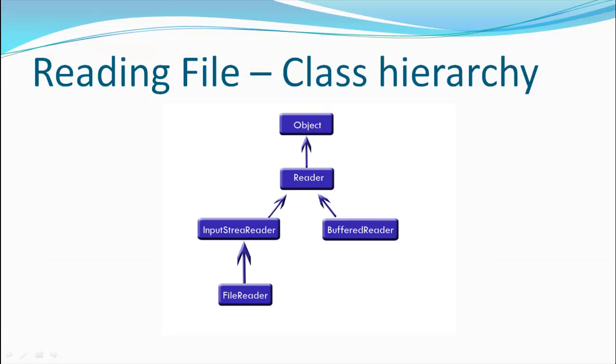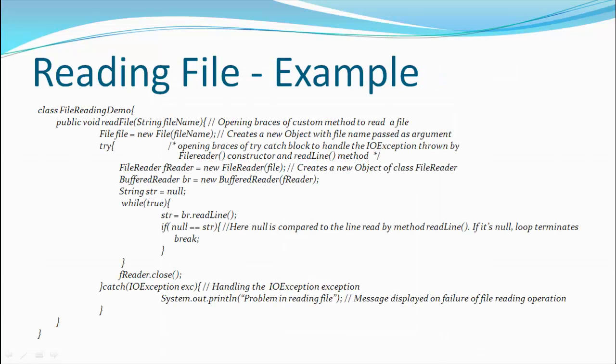Let's discuss an example for reading a file. As you can see, we have a class FileReadingDemo. Inside the class, we have a method readFile. If you closely look at the first statement of the method readFile, we are creating a File object with file name being passed as an argument.